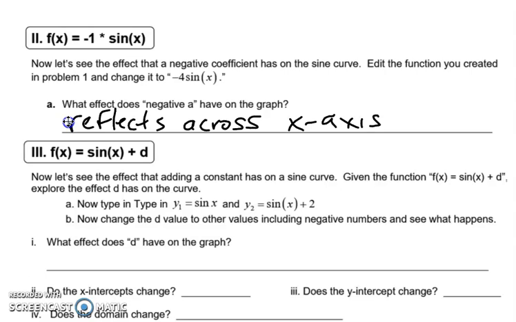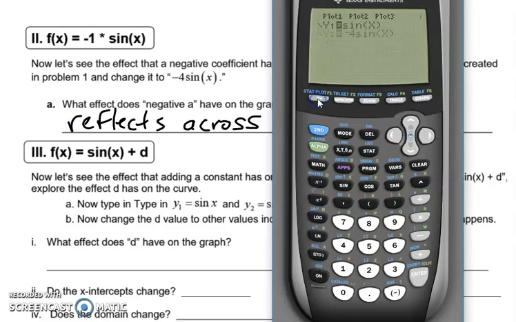So we have f of x equals the sine of x plus d. So now let's go change y2 again. We're going to change y2 and make that sine of x, and let's add 2.